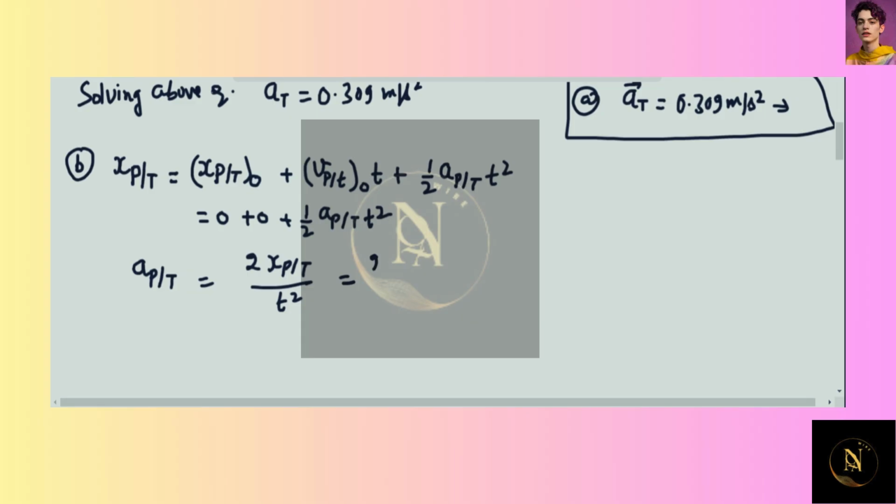Substitute the value: this distance is given 2 and t is given 0.9. So you will get 4.94 meter per second square. So acceleration of ply with respect to truck is 4.94 meter per second square along this direction.